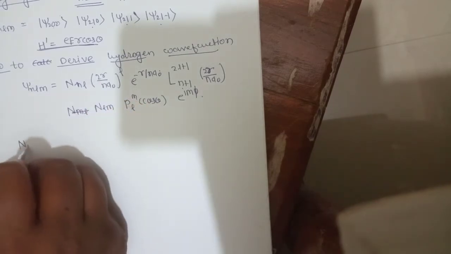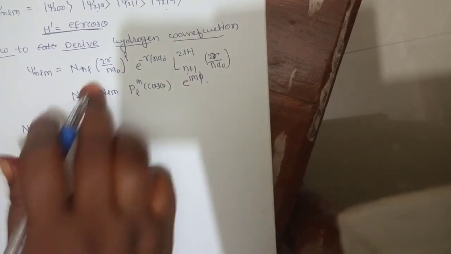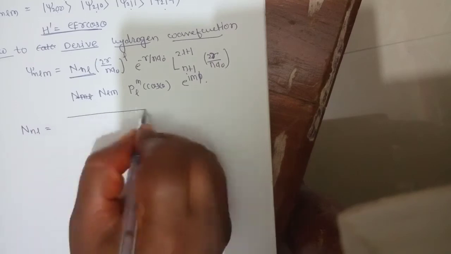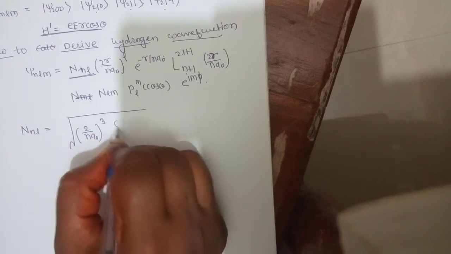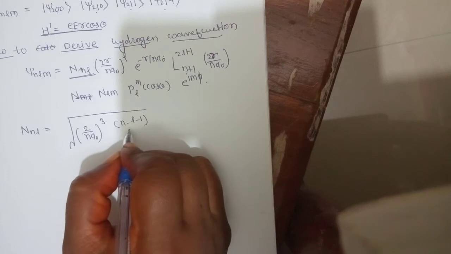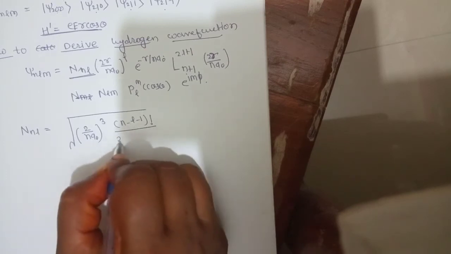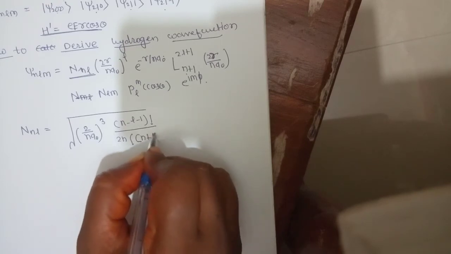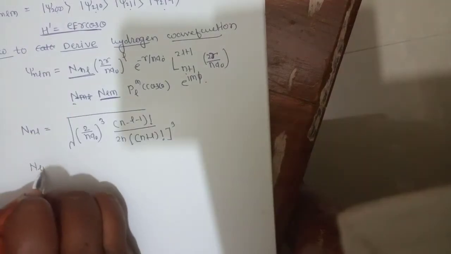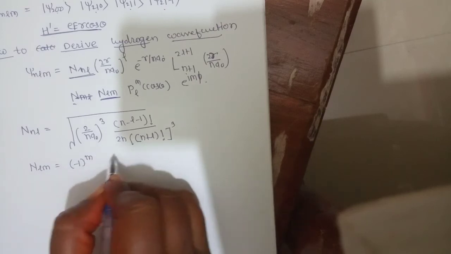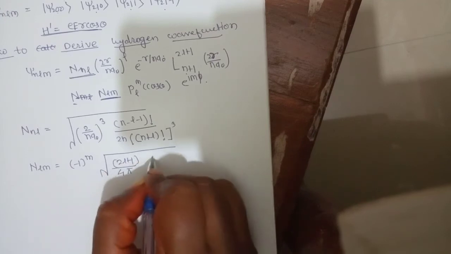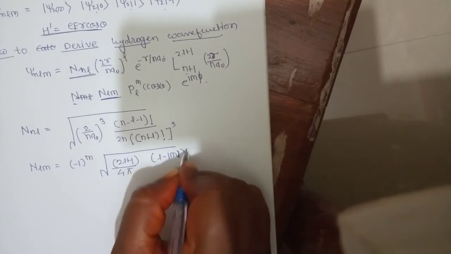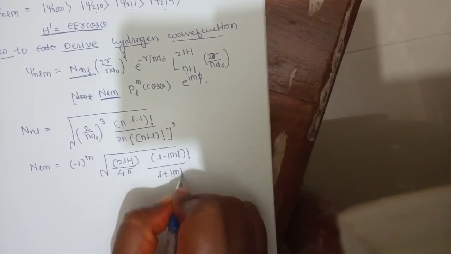The radial normalization N n l is defined as the square root of (2 by n a naught) cubed times (n minus l minus 1) factorial divided by 2n times (n plus l) factorial cubed. Again, the angular normalization is minus 1 to the power m times the square root of (2l plus 1) divided by 4 pi times (l minus mod m) factorial divided by (l plus mod m) factorial.